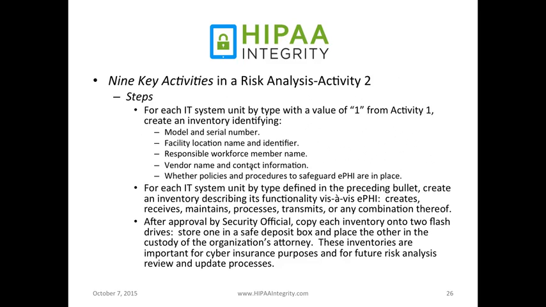You need to copy each inventory onto 2 flash drives, store one in the safe deposit box for further risk analysis use, and place the other in the custody of the organization's attorney. These inventories are important for cyber insurance purposes and future risk analysis review and update processes.